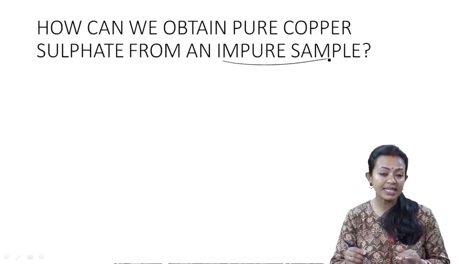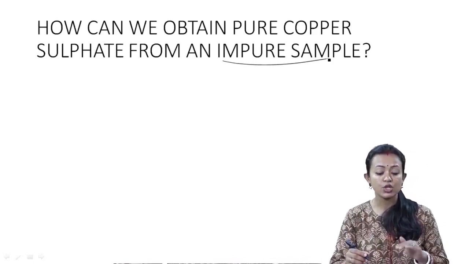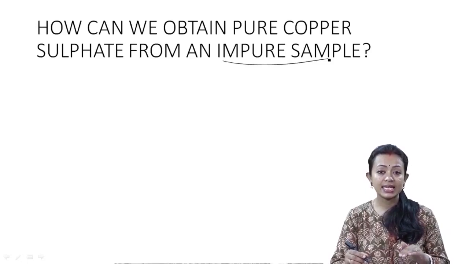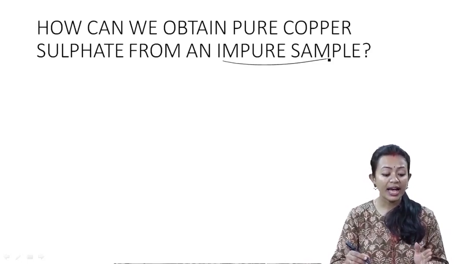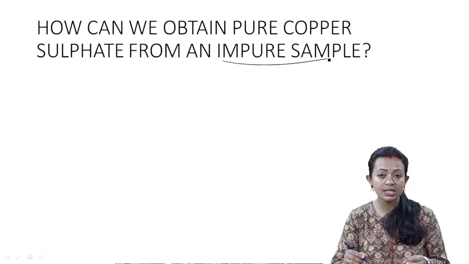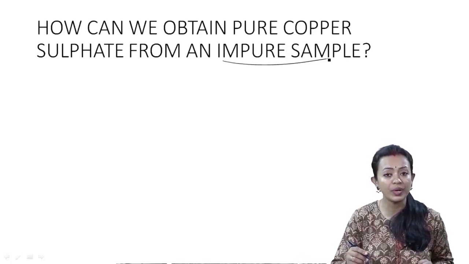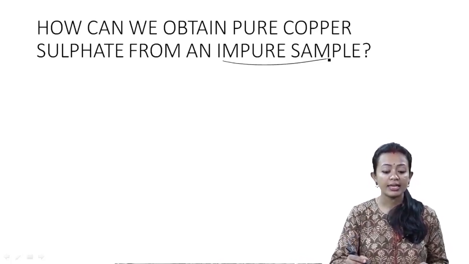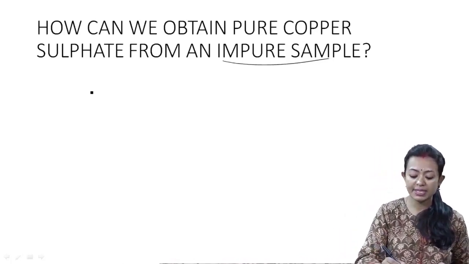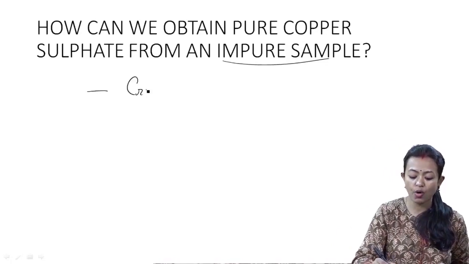So here it basically means that it is a mixture. We have copper sulfate and certain unwanted things in the form of a mixture. And how do we separate them? This can be separated by the process of crystallization.